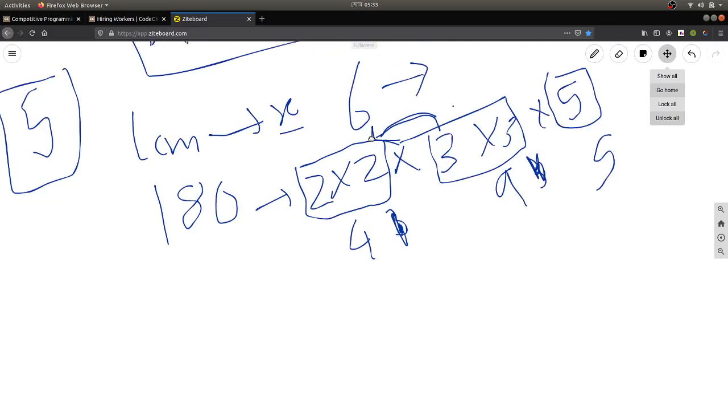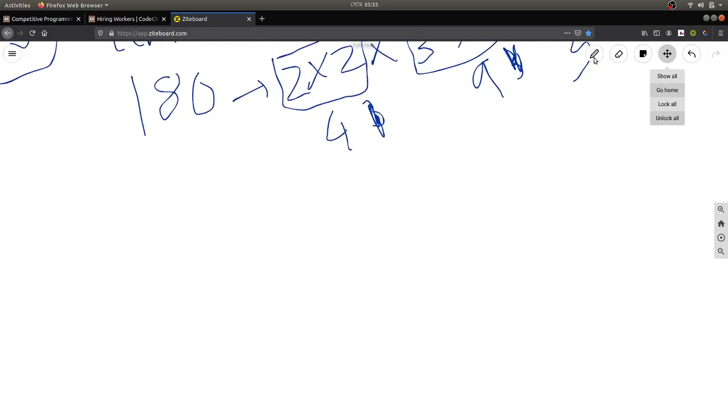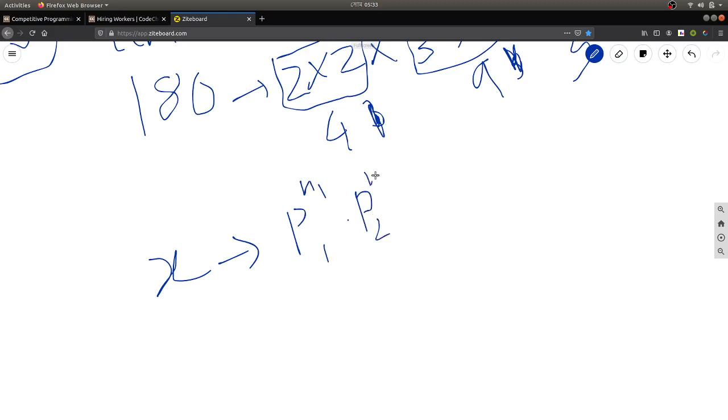So we can say, if x is given and the prime factors are p1 to the power n1 into p2 to the power n2, dot dot dot, pr to the power nr.